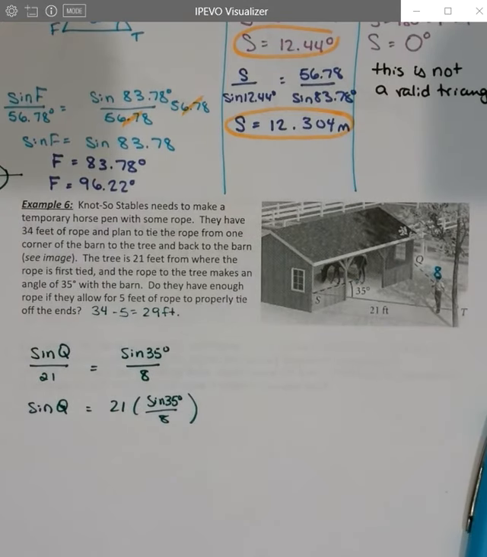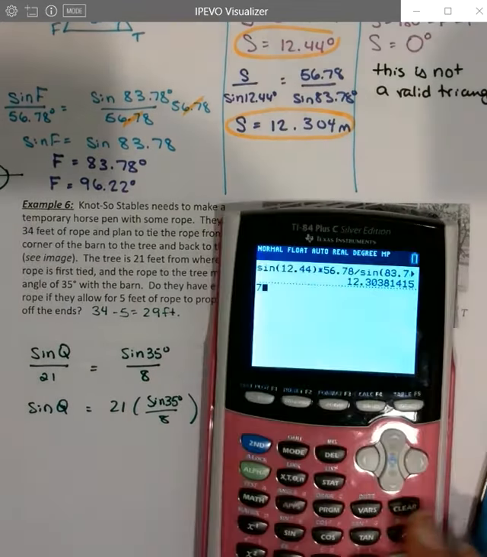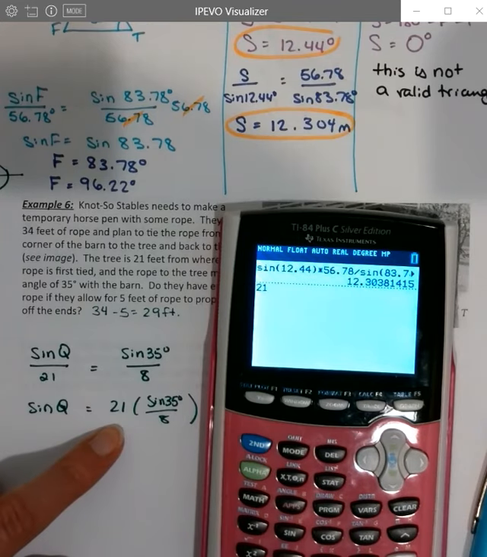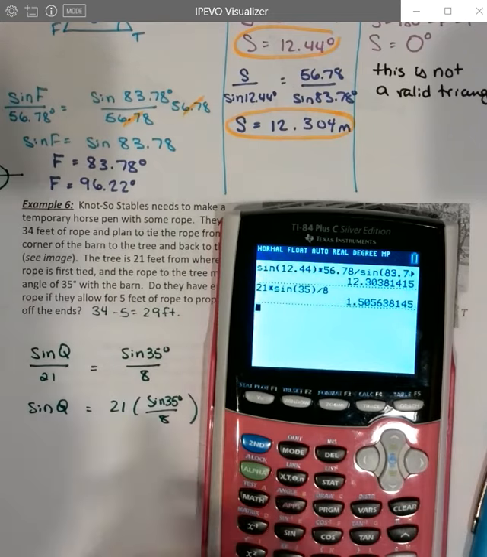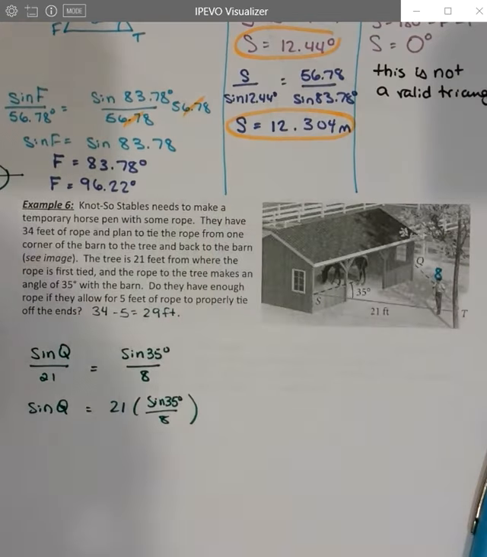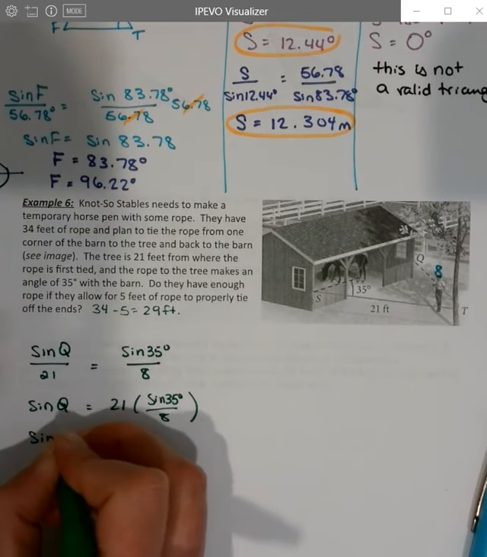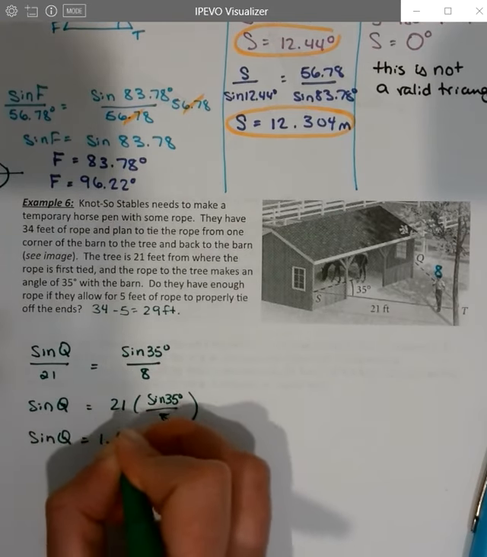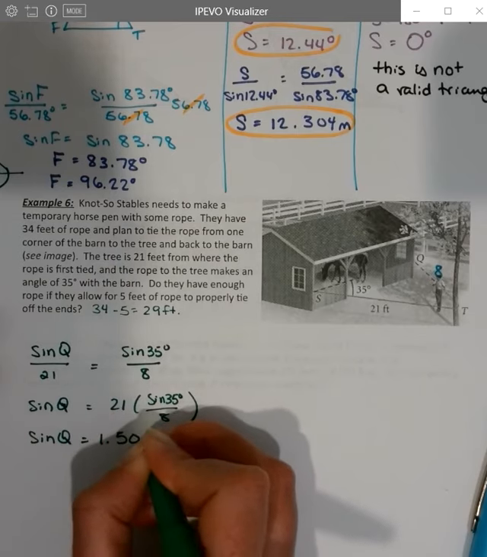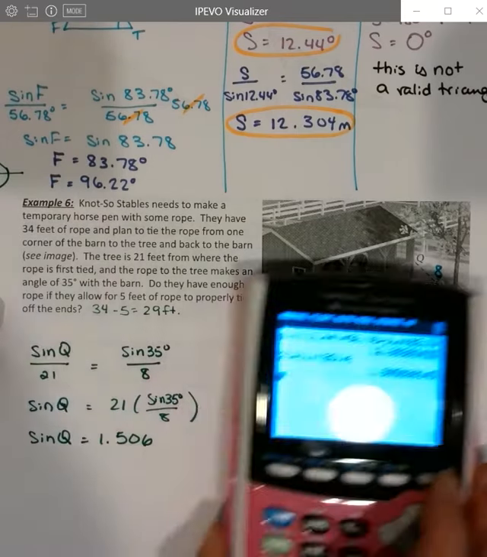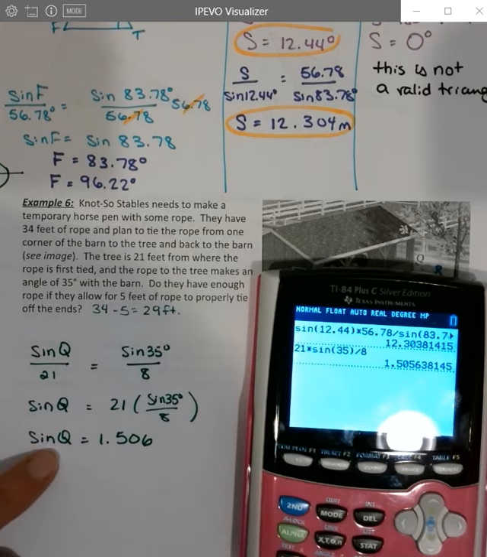And so if we just calculate that ratio, 21 times the sine of 35 divided by 8 is 1 point... Ooh, interesting. So that gives me sine of q equals 1.506. If I go to find q, I will take the arc sine on both sides.